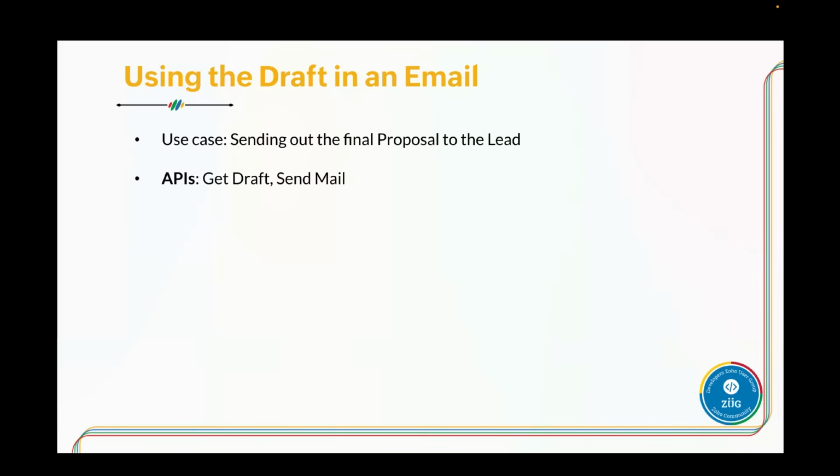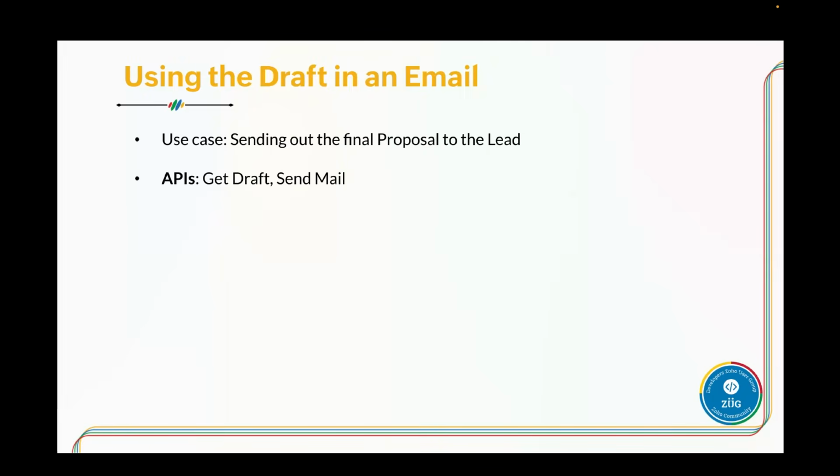He has already approved it. My team has already approved the proposal. Now it's time to send it out. Instead of rewriting everything, instead of going and drafting everything again, we are going to pull it straight from our drafts in CRM using the get drafts API.